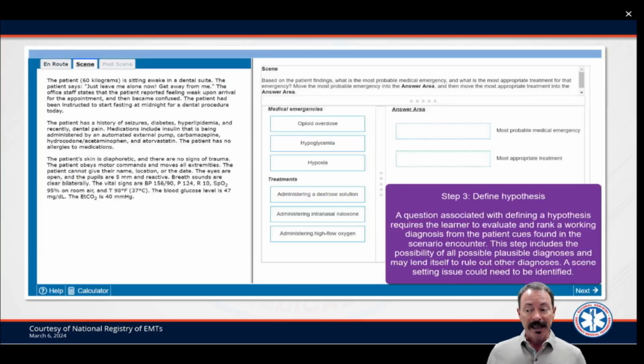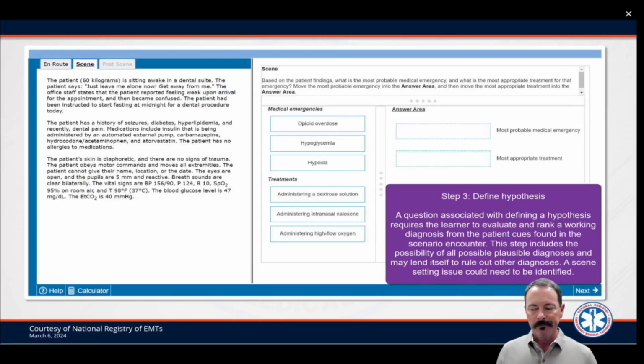Okay. Now we go to step 3, which is to define your hypothesis. A question associated with defining the hypothesis requires the learner to evaluate and rank a working diagnosis from the patient cues found in the scenario encounter. This step includes the possibility of all plausible diagnoses and may lend itself to ruling out other diagnoses.